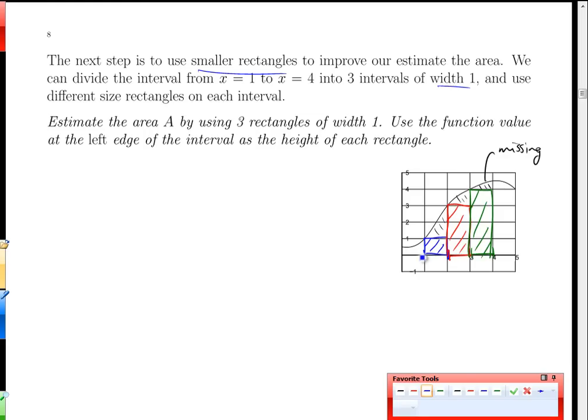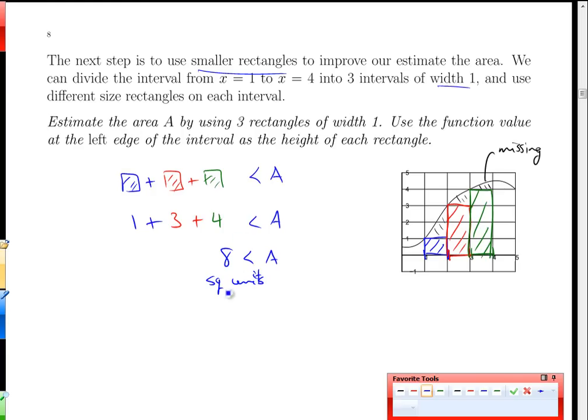So if we take a look at this, what we can say is certainly area A is bigger than the sum of these things: the blue area plus the red area plus the green area, all of that is going to be smaller than A. But now we've got areas of 1 and 3 and 4. So that's less than A, or overall 8 is less than A, 8 square units.